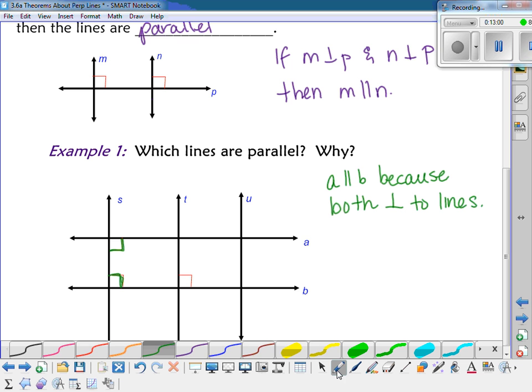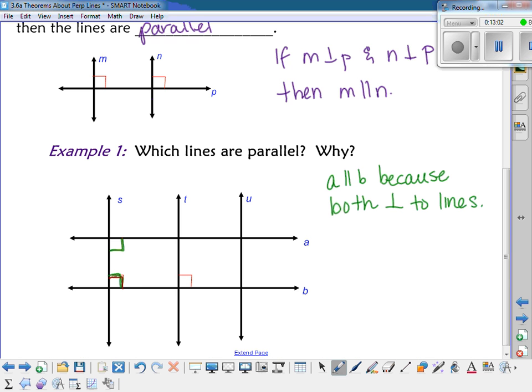Then if I look at these right angles, S and T are both perpendicular to line B. So S and T would have to be parallel. And then, let me go ahead and mark my parallel lines. These are parallel.